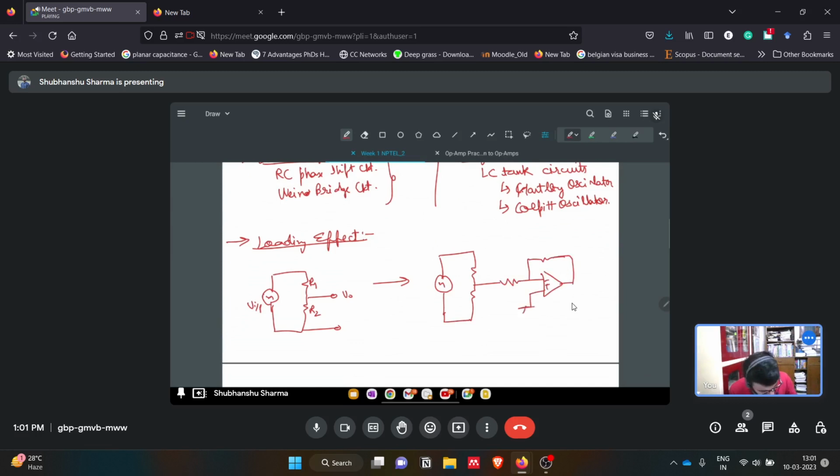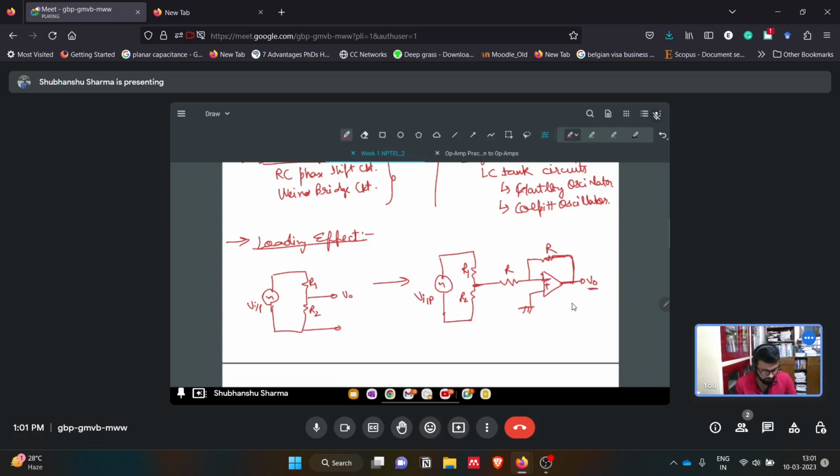Then we can see this is R1, this is R2, this is R, this is R. Okay, so what will happen in order to measure the output voltage from this R2?